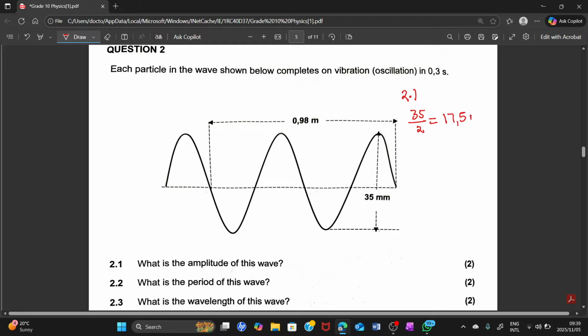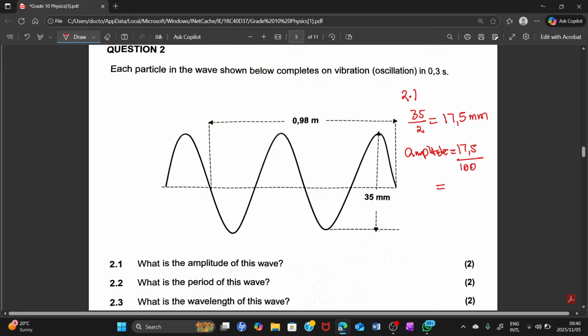17.5 millimeters. But remember, it should be in meters. So you are going to say amplitude is equal to 17.5 over 1000.